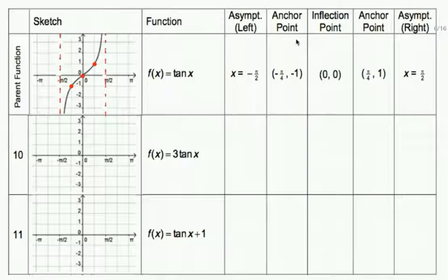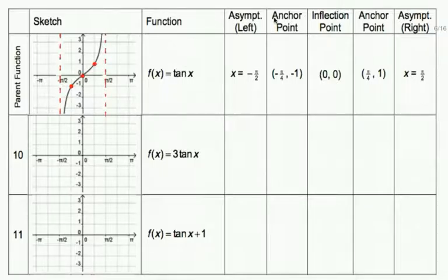Okay, so a couple things about the key features. So you can see here you have your x-intercept, or the middle of the tangent function, and then you also have this point here, which is one anchor point. This worksheet calls it an inflection point, and then this is another anchor point.